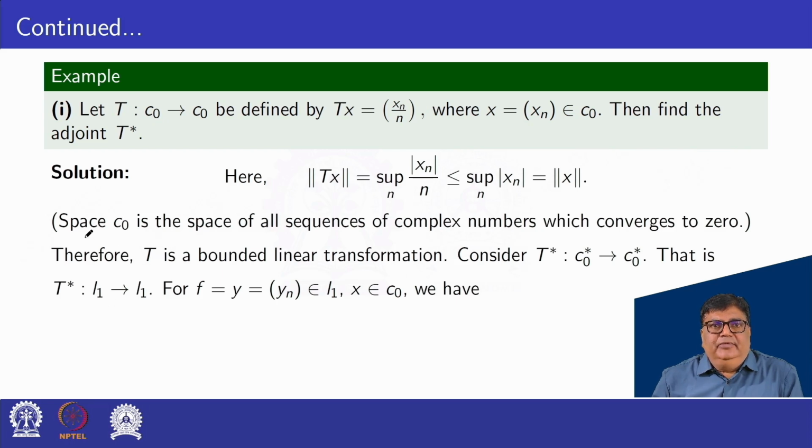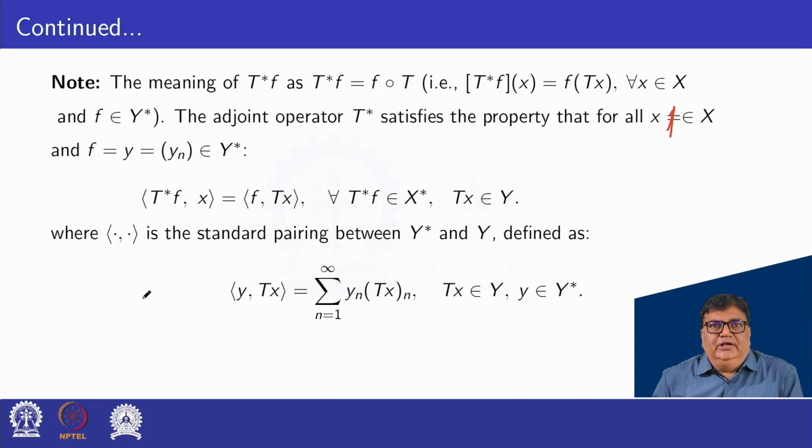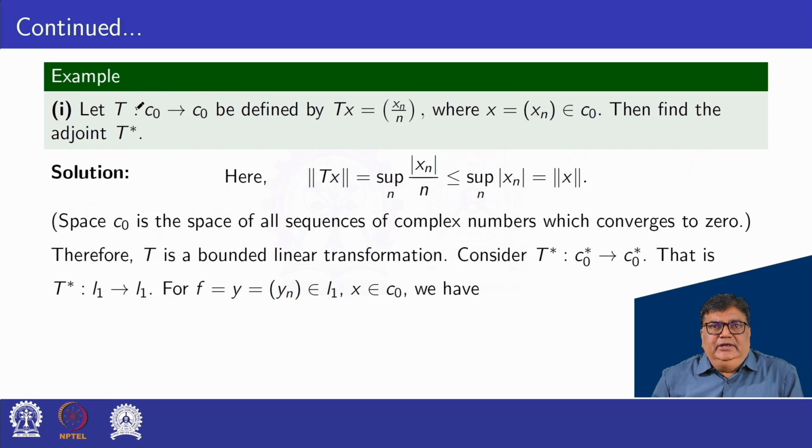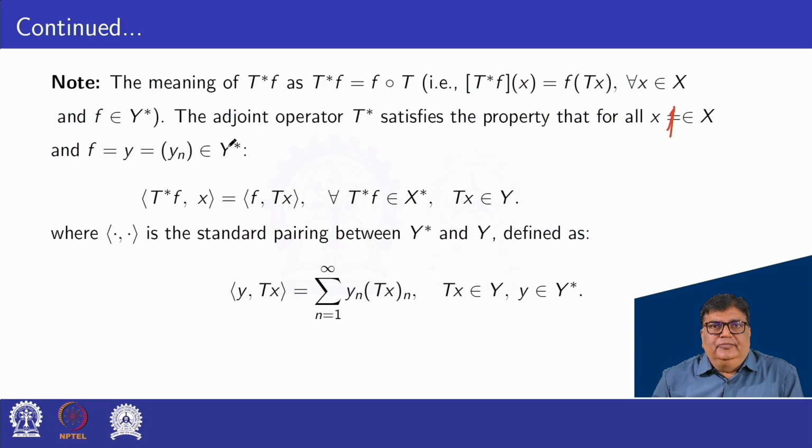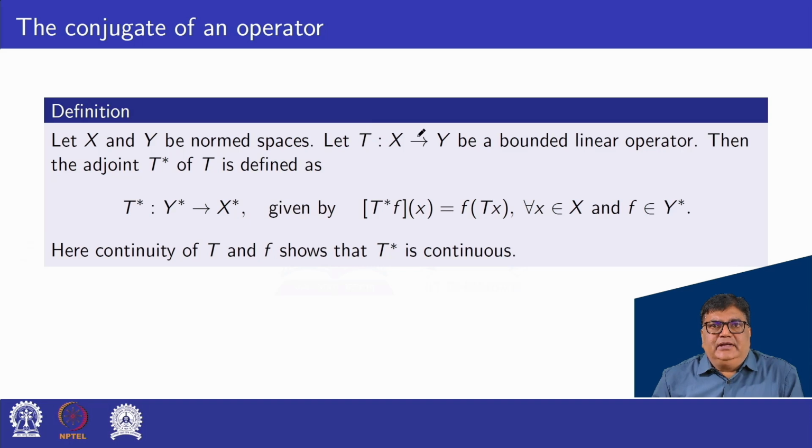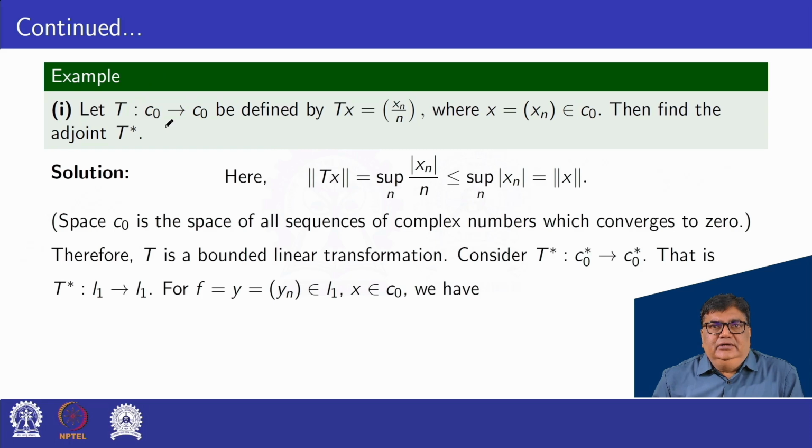Then the mapping T star: L1 to L1, because here T: C0 to C0. Here the mapping T: X to Y, then T star: Y star to X star. So here C0 star is L1 and also C0 star is L1. So the mapping T star: L1 to L1.